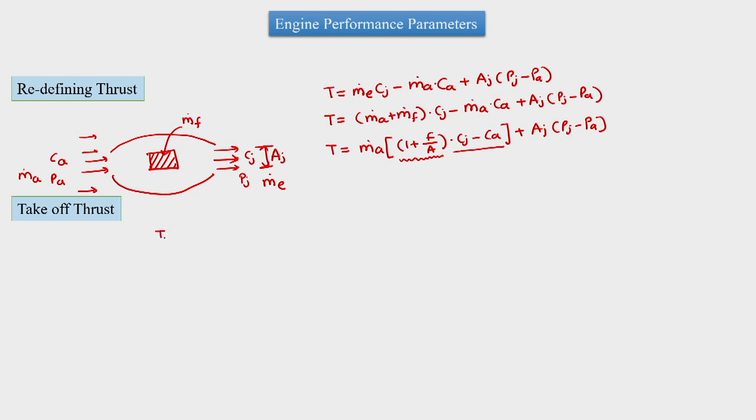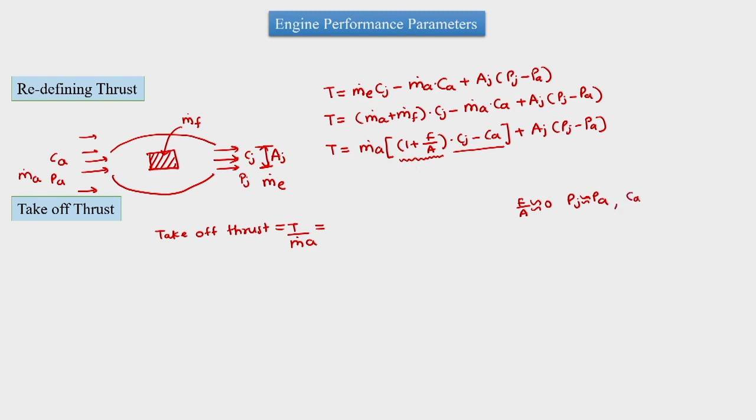Takeoff thrust is also called static thrust, and that thrust is obtained at very low speeds or at the static condition of the engine, and that thrust is basically thrust upon m dot A. If we neglect the fuel air ratio to be 0, and if we assume Pj is equal to Pa, then we get the formula.